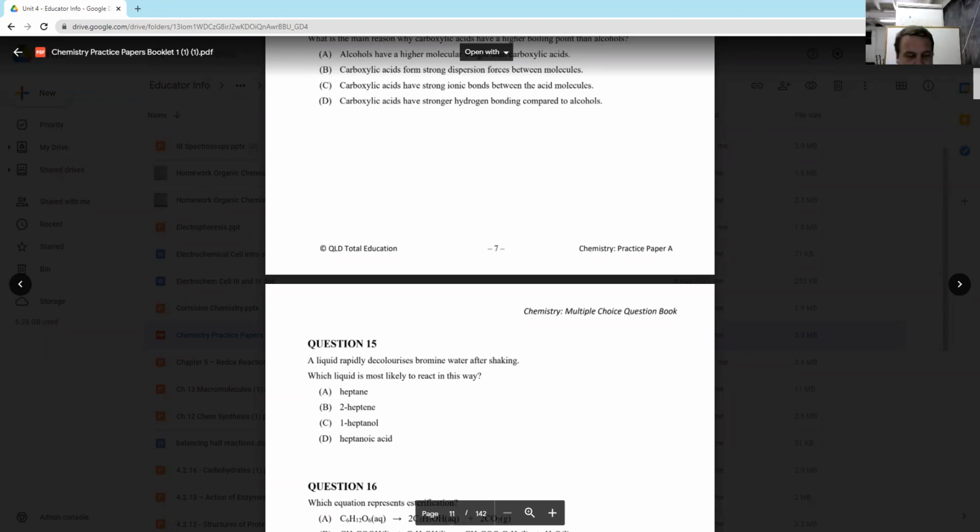When we add bromine to an alkane, nothing happens, unless it's in the presence of UV light, and then it becomes a haloalkane. If we add bromine to an alkene, it gives us a dihaloalkane, which is colorless. So 2-heptene would be the most right answer in that case.